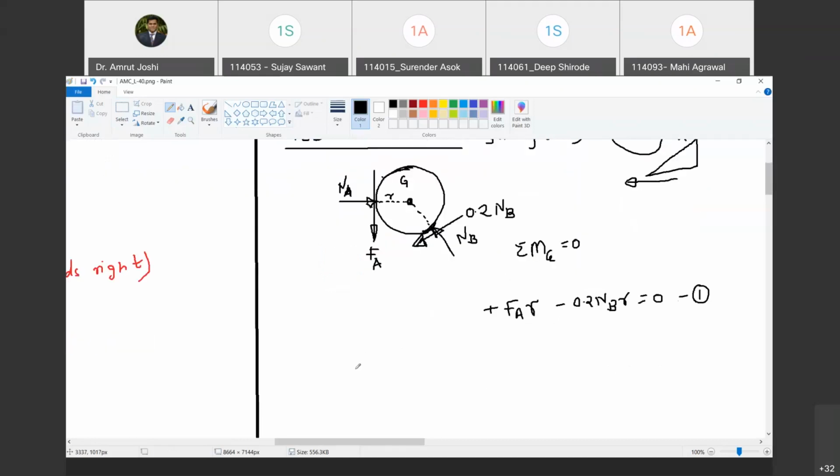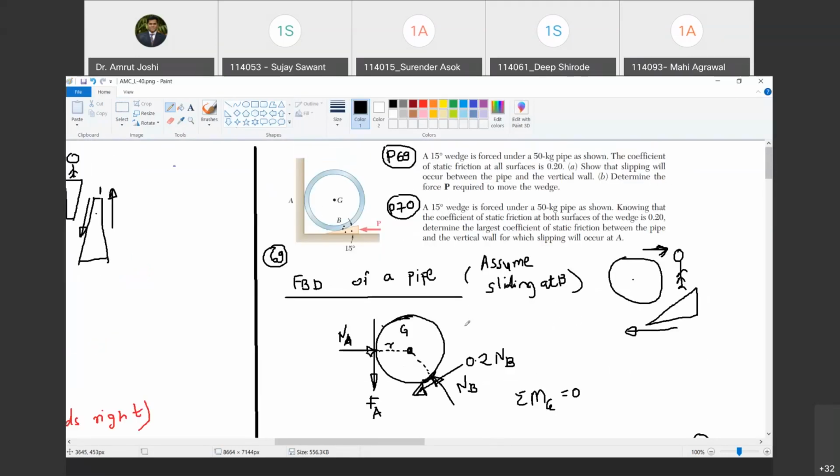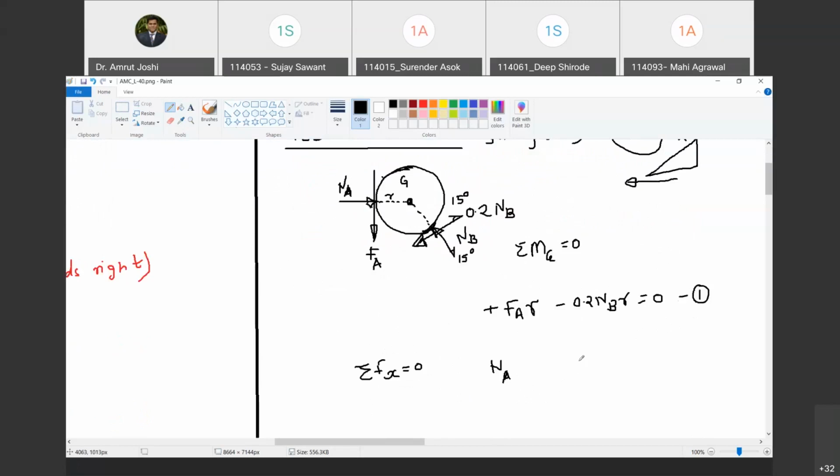What is the second equation? Summation Fx equal to 0. What does summation Fx equal to 0 give me? Tell me. NA. Now we will require the angle. So what is the angle made by this NB with the horizontal? 15 degrees. What is the angle made by this NB with reference to the vertical? 15 degrees. Happy? Yes, sir.